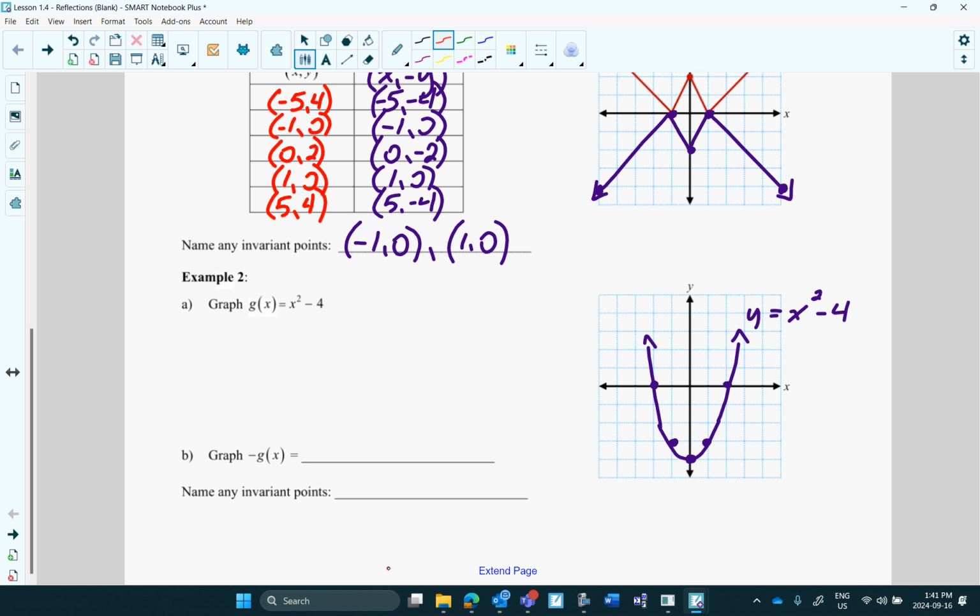So what we're doing is putting a negative in front of the whole function, which is the same as -x squared plus 4, which makes sense because if we flip it from this graph, this becomes up here, this goes here, this goes here, these two stay where they are.